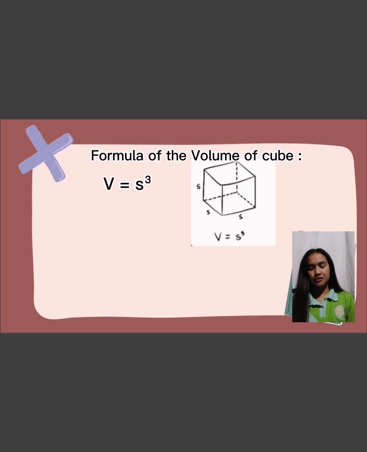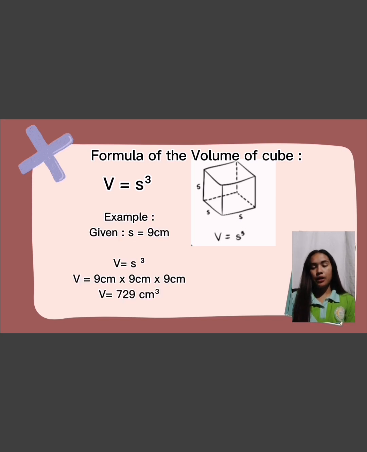So for our first formula, the formula of volume of cube, which is volume is equals to side length cubed. So let's have an example for you to be able to understand the first formula.